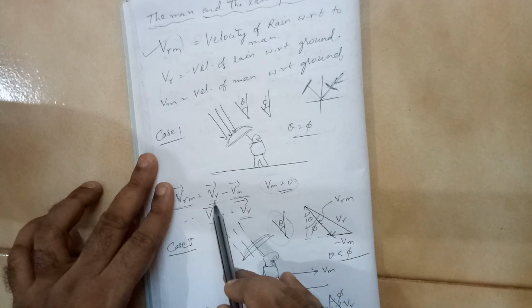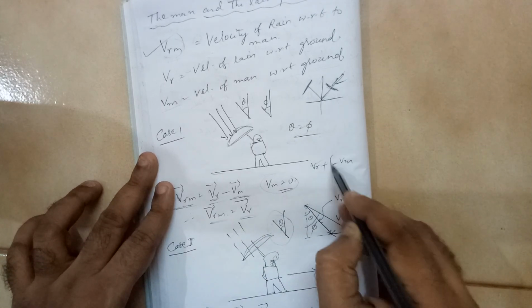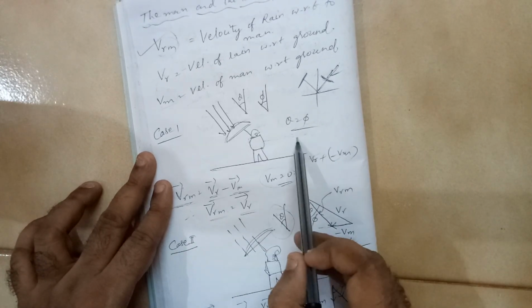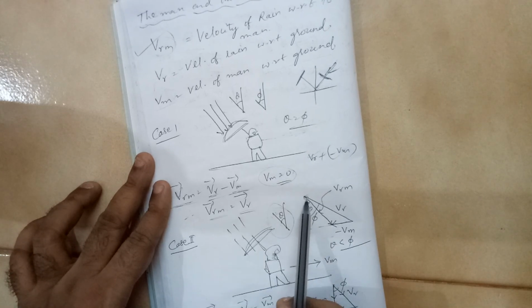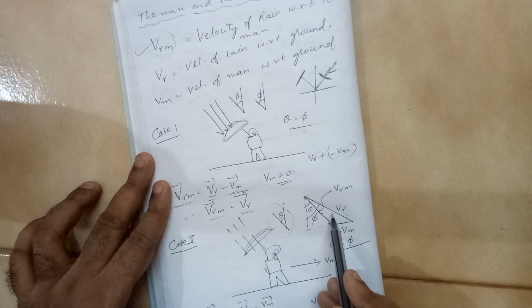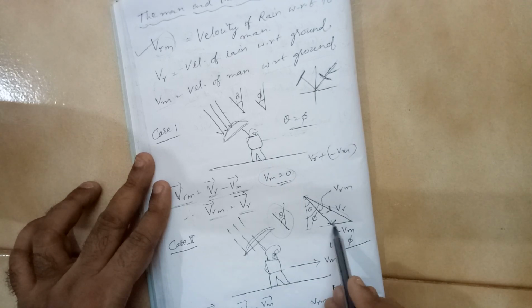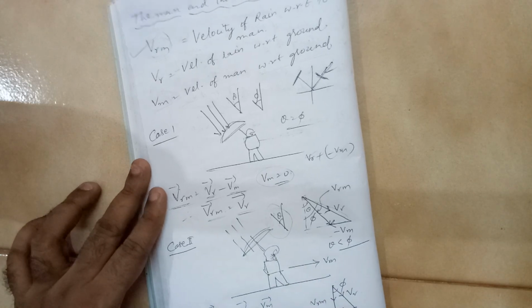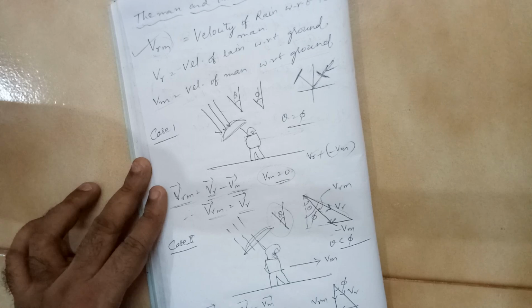The way you do it is to write this as VR plus minus VM. If the man is moving in this direction, minus VM will be in the opposite direction, and VR is in this direction. So you can do the vector addition. This is VR, this is VM, so this will be my VRM. VRM is the direction in which you are supposed to hold the umbrella.